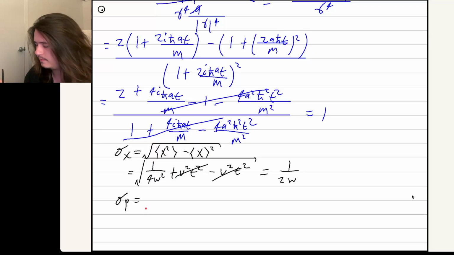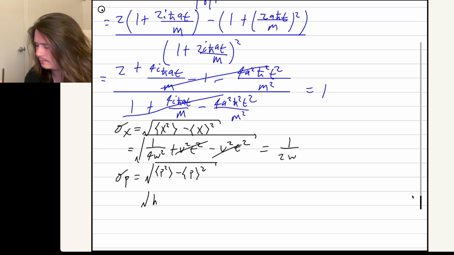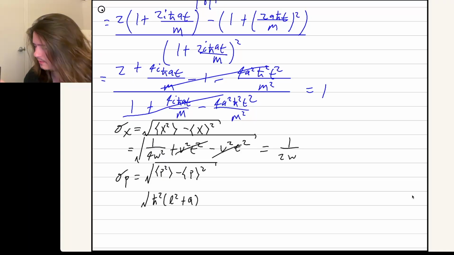Sigma p, much the same sort of thing. And so this is going to be, we just found it was h bar squared times L squared plus A. This is definitely just minus h bar squared L squared.